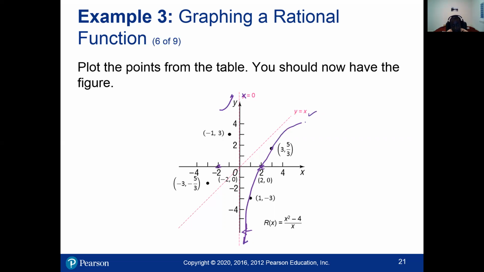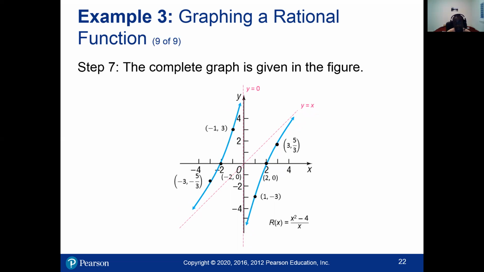We know that it doesn't cross the vertical asymptote. And so it passes through this point again and goes to infinity like that. So if you put it in a better one, we have this beautiful graph.